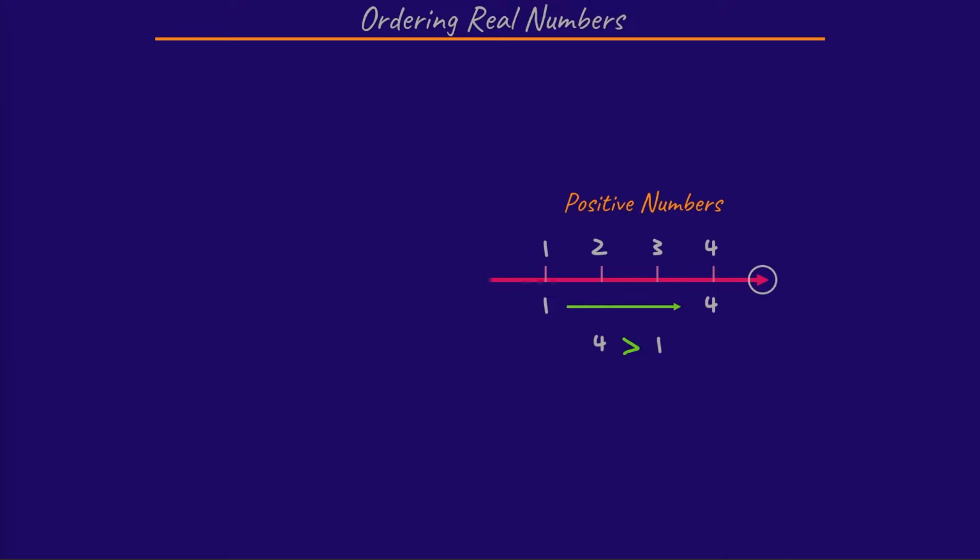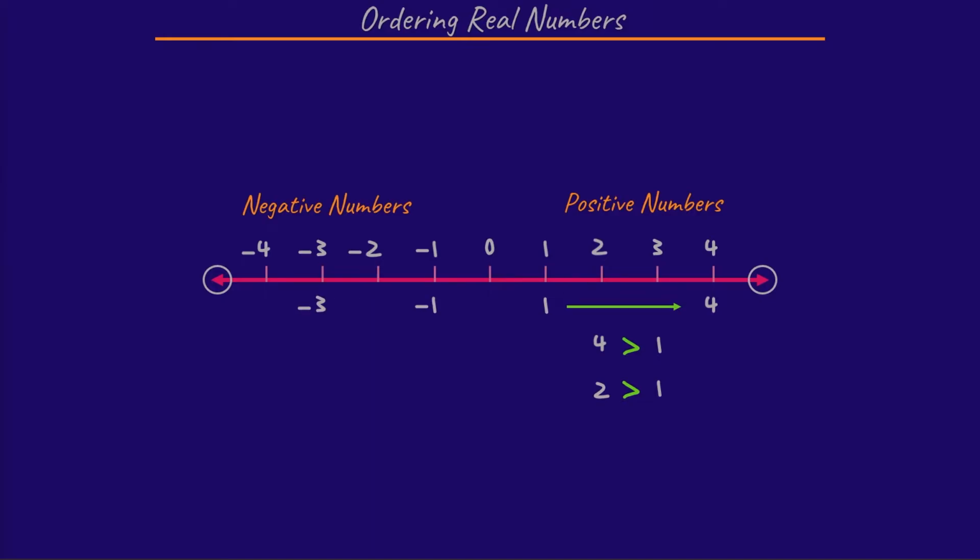That is just fundamentally the idea about ordering on the number line. So the number that lies to the right of the other number is greater. We can say 2 is greater than 1 because it lies to the right of it. Now let's have a look at the whole number line. Let us take -1 compared to -3.